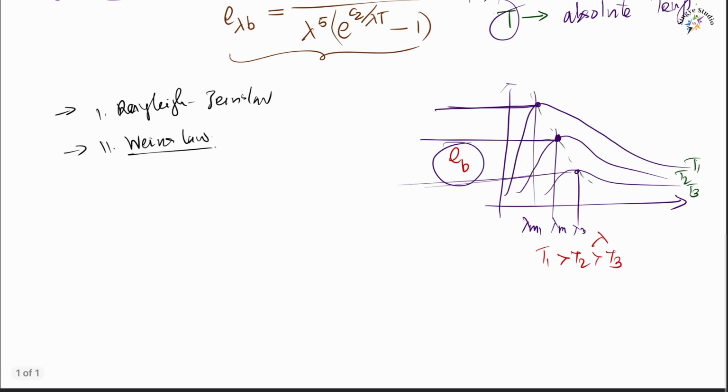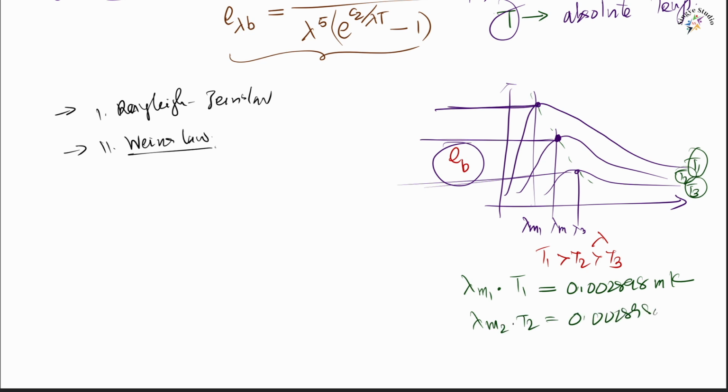Therefore, he found the empirical law that the product lambda m1 times T1 is always a constant, 0.002898 meter Kelvin, and the same for lambda 2 times T2, 0.002898 meter Kelvin, and so on.